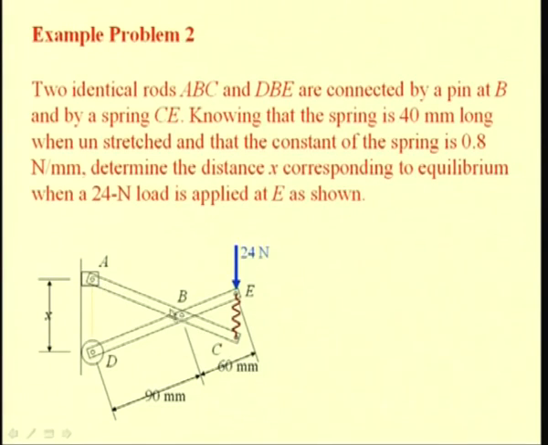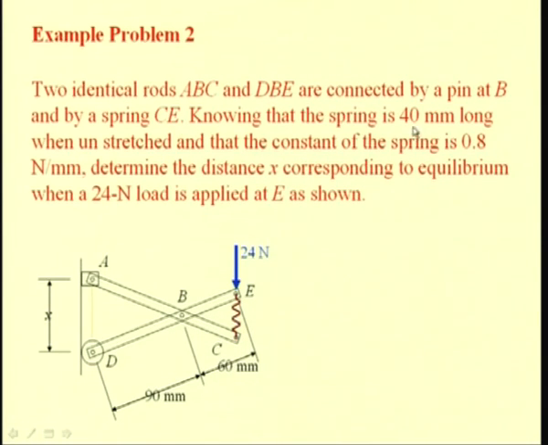So, in this example you see two identical rods ABC and DBE which are pinned at B, and the points E and C of these two links are connected by a spring.